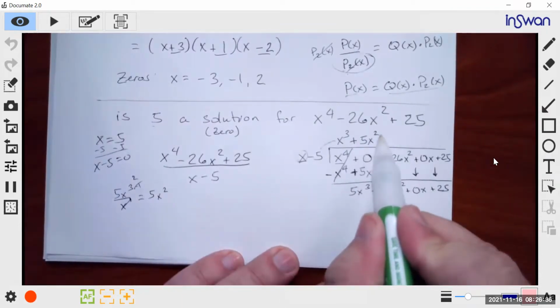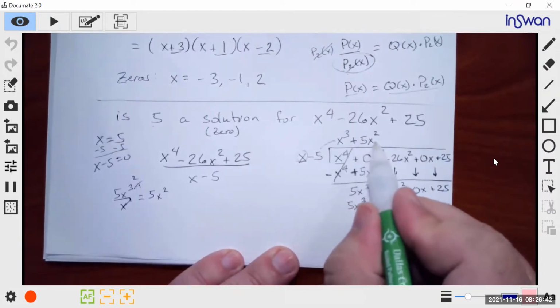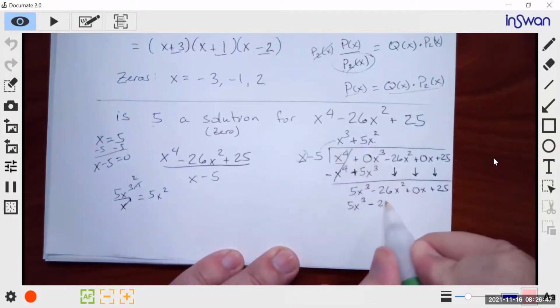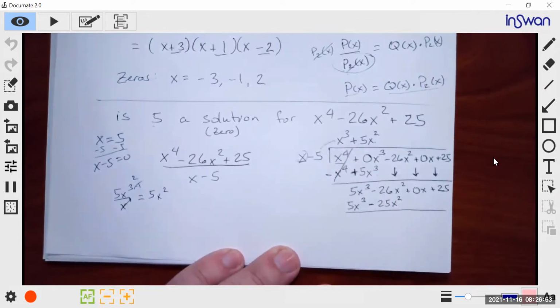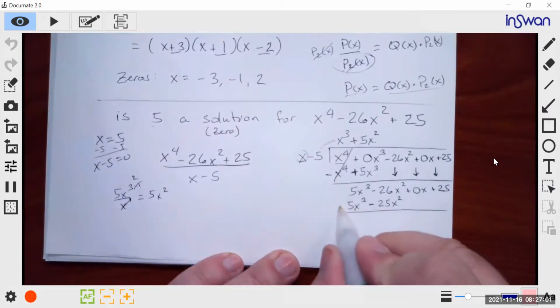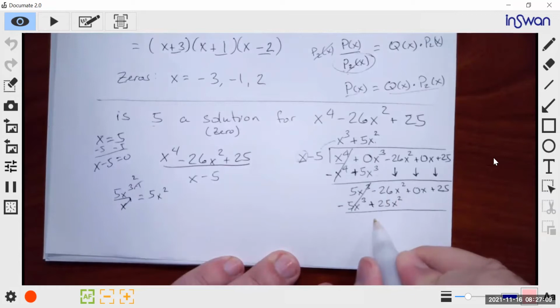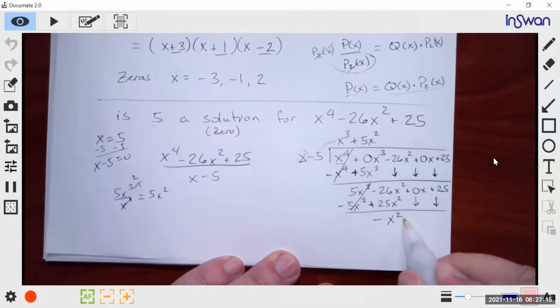So 5x squared times x is 5x cubed. 5x squared times negative 5, positive times negative is negative. 5 times 5 is 25 x squared. Change the signs and add. The 5's cancel. Negative 26 plus 25 is negative 1x squared. Bring down everything else.